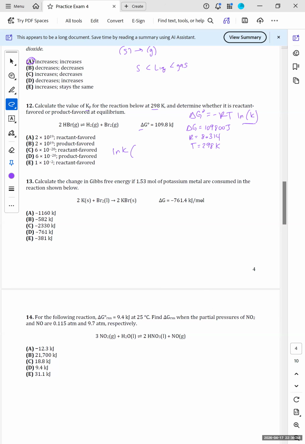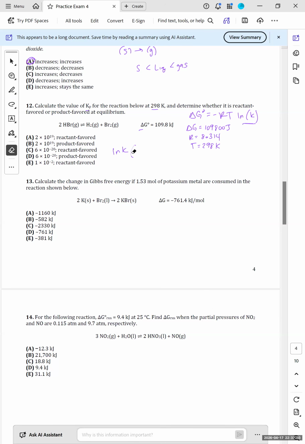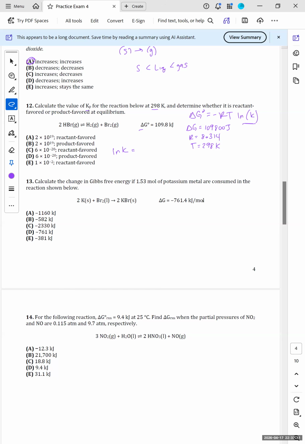I guess natural log is equal to, put our delta G up there. So negative, make sure we keep our negative signs, joules over our constants, 8.314 times 298.